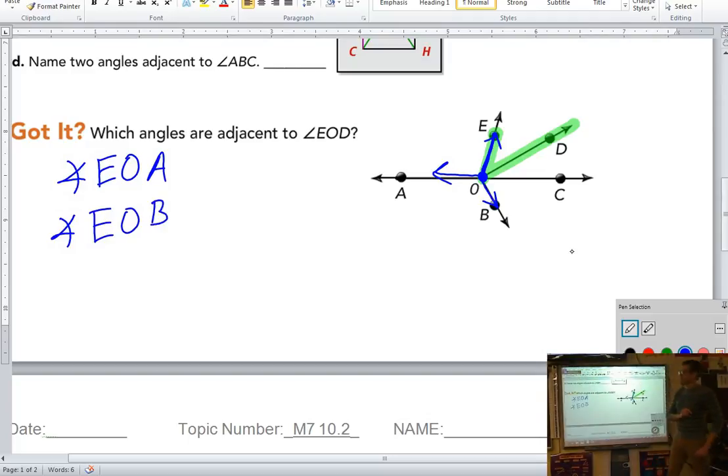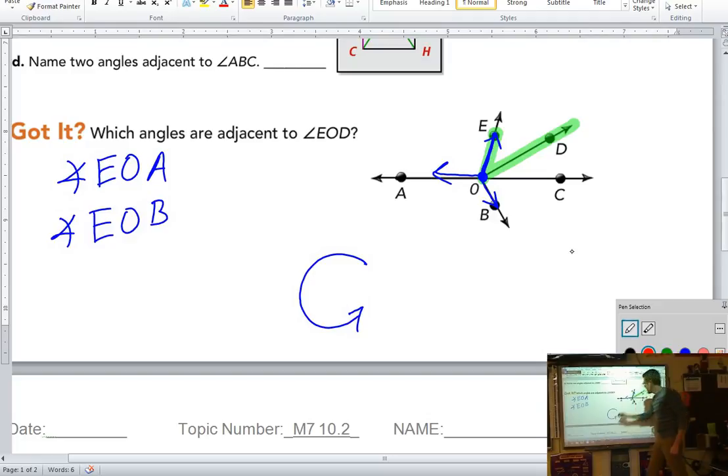Now here's a question. Can I do EOB since it's bigger than 180? We talked about angles being under 90, at 90, between 90 and 180, or at 180. But what about over 180? EOB as an angle would actually not be that arc.